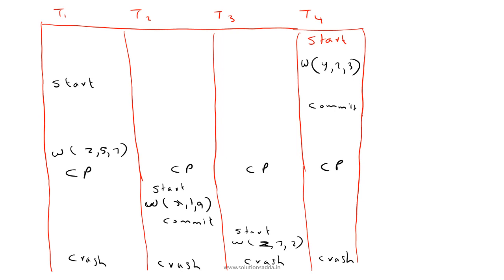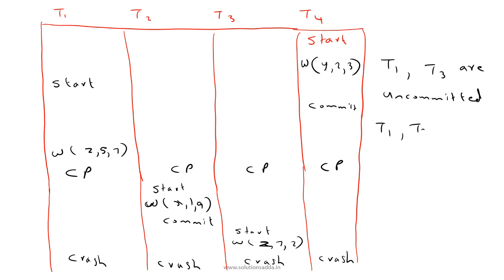So now based on the rules that were already provided, we can see that T1 and T3 are uncommitted. So they can be undone.